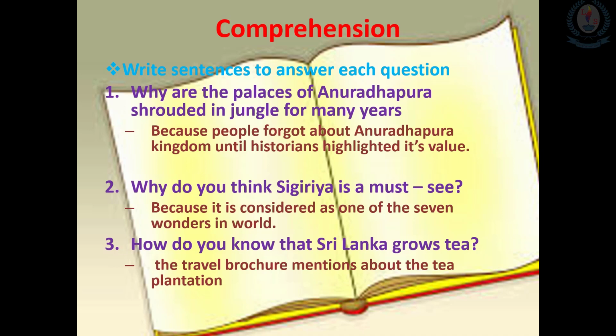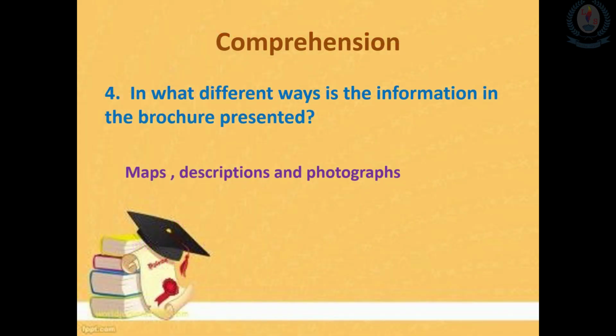There it is mentioned about the tea plantation in Sri Lanka. In what different ways is the information in the brochure presented? Through maps, descriptions, and photographs.